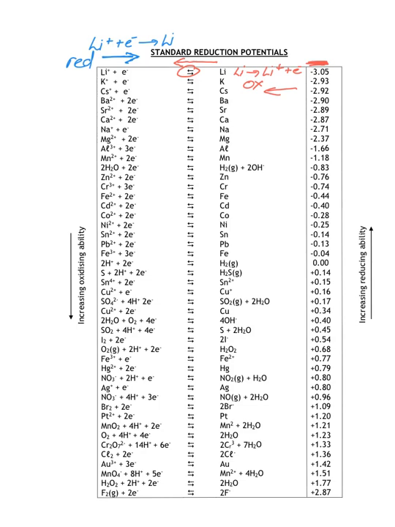Now, I'm going to highlight two sides of the table. First of all, these species on the right hand side. The species that I've highlighted in yellow are reducing agents, with the strongest reducing agents being at the top here.